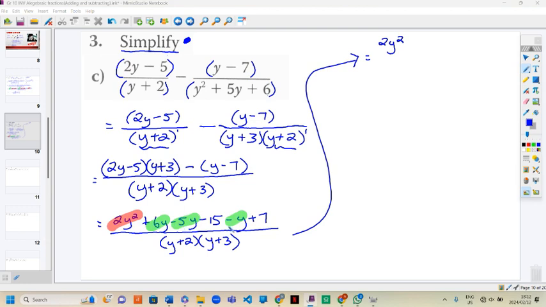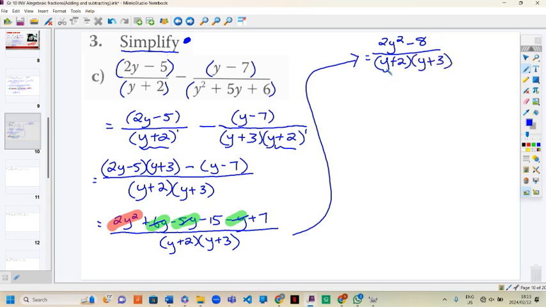Minus y, cancel out. Fantastic. And what is negative 15 plus 7 that's left over there? Negative 15 plus 7 gives me negative 8. All over my denominator there, which is y plus 2 and y plus 3.